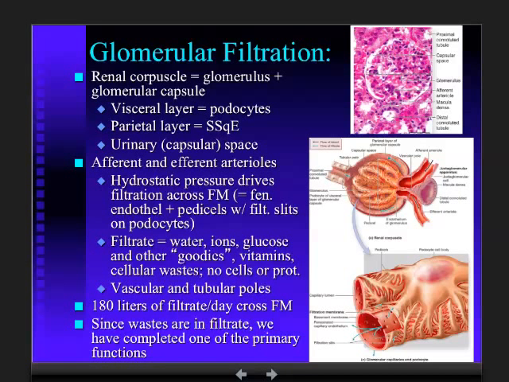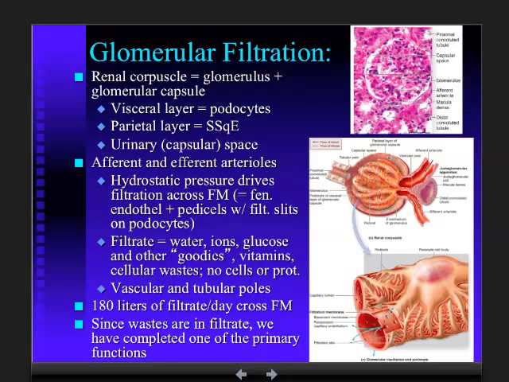By the time I get to here, to the end of the proximal tubule, I have reclaimed over 80% of the filtrate. Now, let me help you for a sec, because that doesn't mean anything yet. 80% of what?